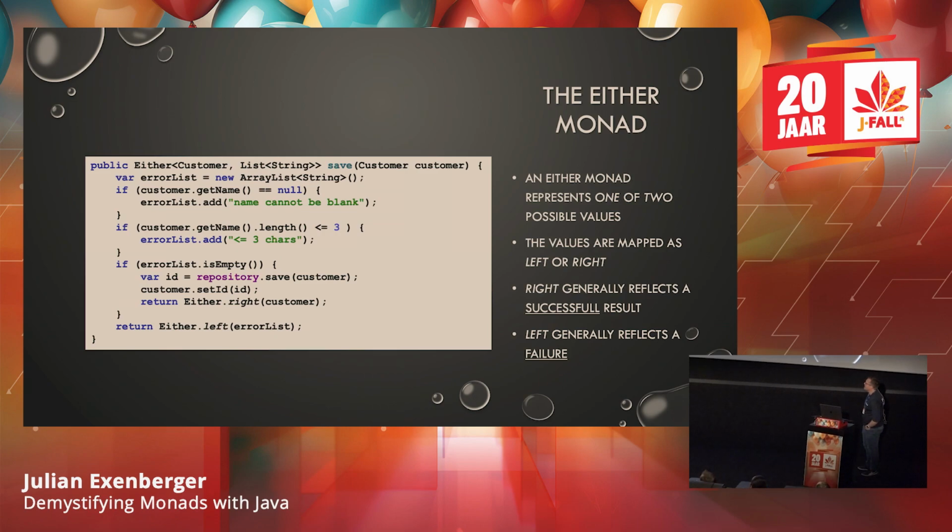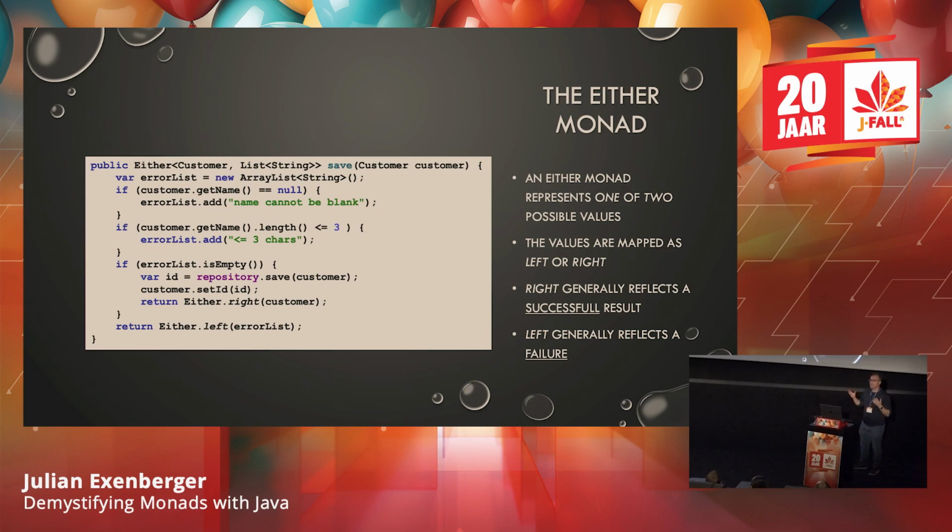The either monad is basically a monad that says you can have one of two possible values, typically called a left or a right value. So I'm going to make a call to a method, and I'm going to get back an either monad. Either could contain some value or another value.